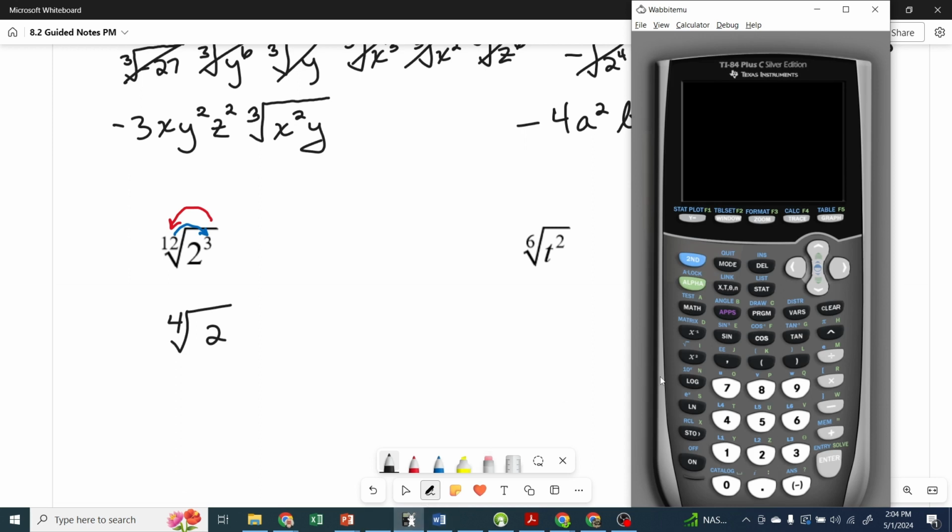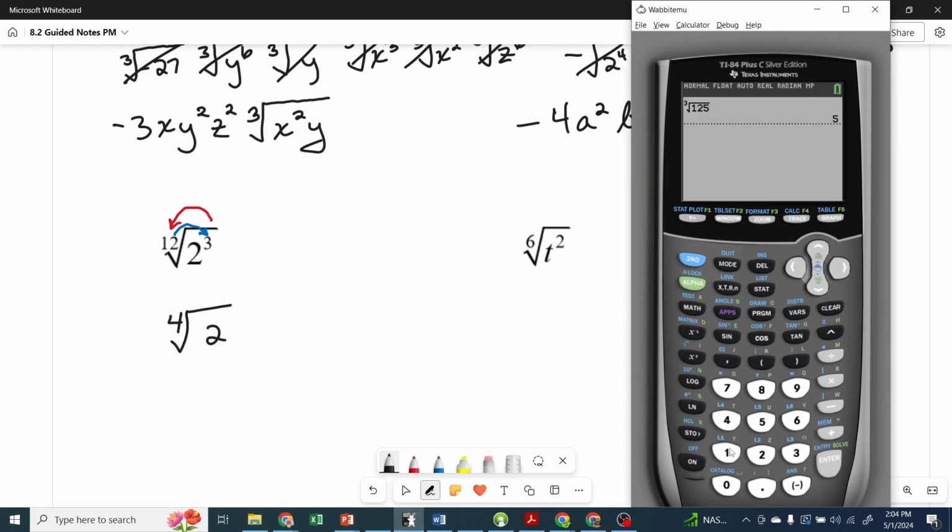And to show you that those are equivalent, if I take my math button here and I go down to number 5, I can just say the 12th root of 2, and then put my exponent in there, cubed, hit enter. That's equal to this value here.